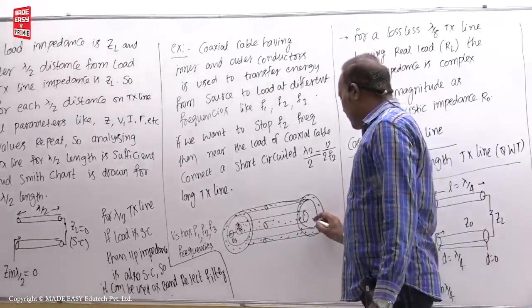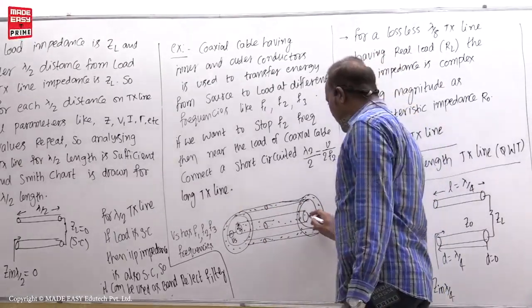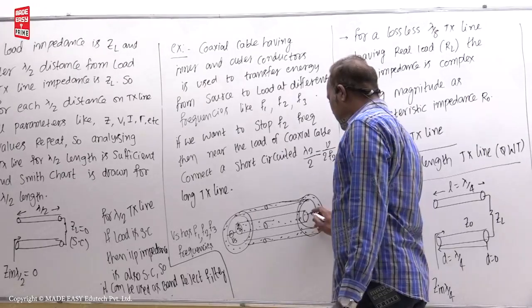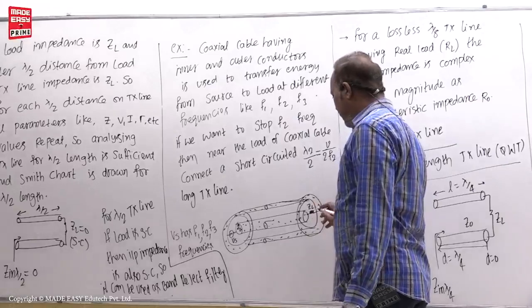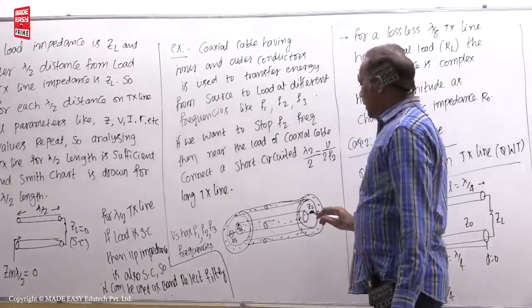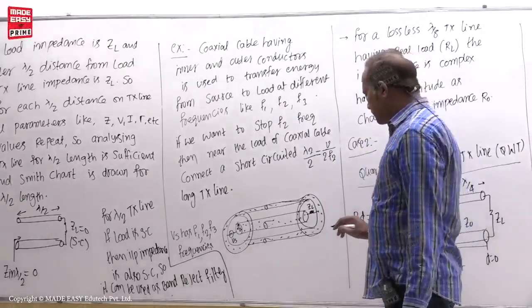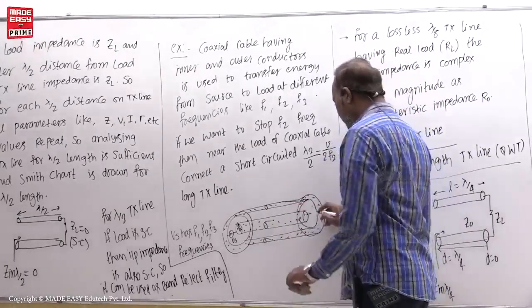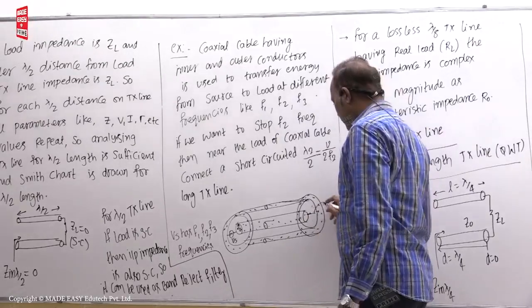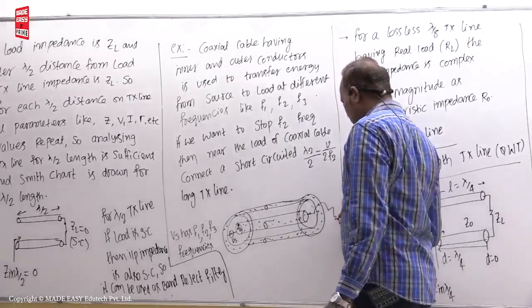Here what is there actually? Here a load is there, like this. Load ZL is there here at the output end. Or otherwise I can connect like this also, so that you will be convenient. There is no connection here.